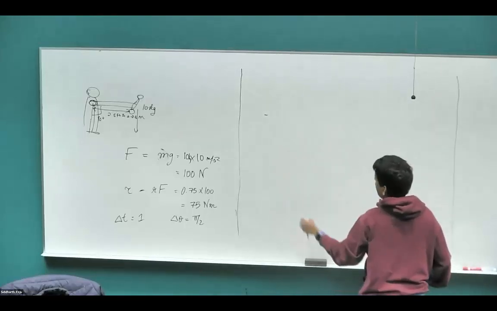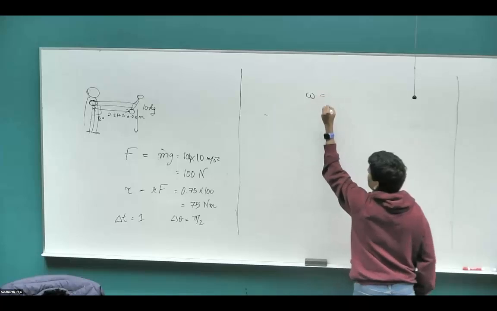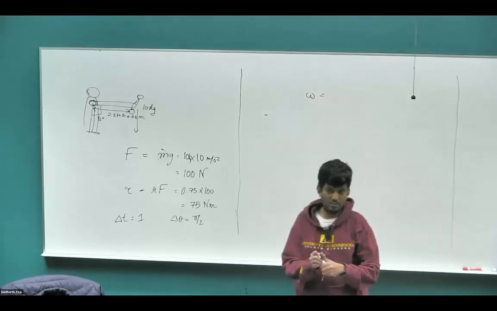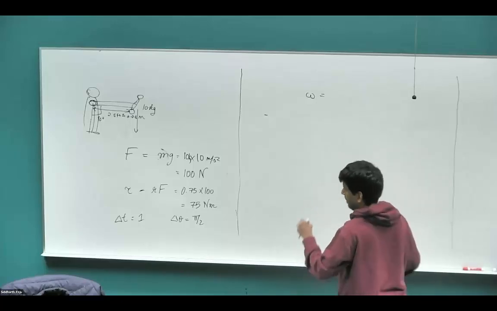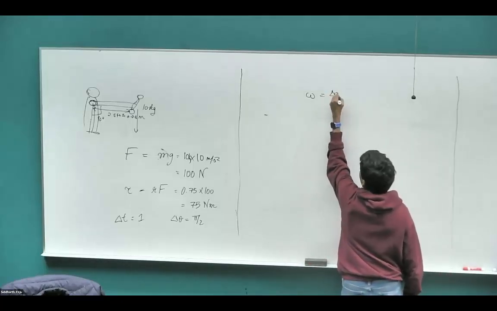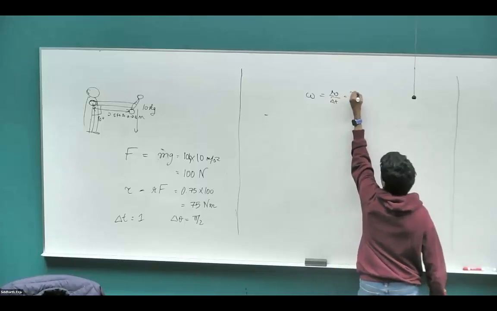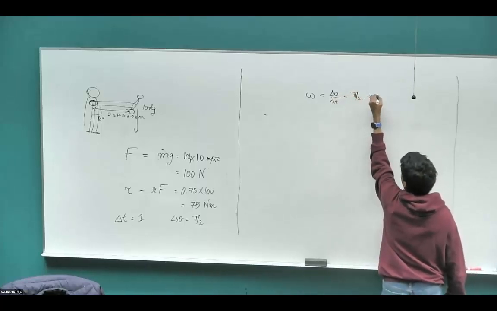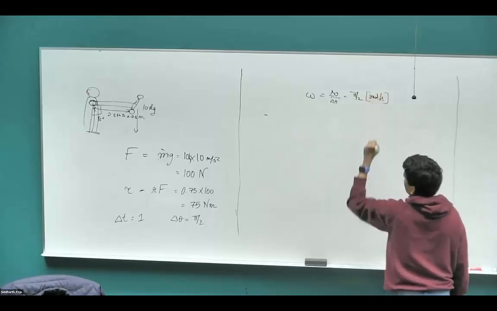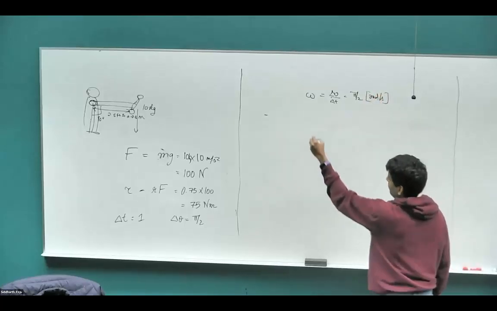So what is the angular speed? Anybody? Pi by 2. Pi by 2. So just delta theta by delta t. Since the time it took is just 1 second, that's just pi by 2. Always give the radians in units. Okay, so what is going to be the power?